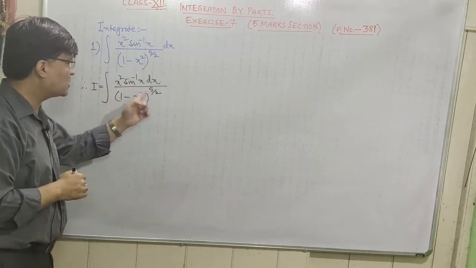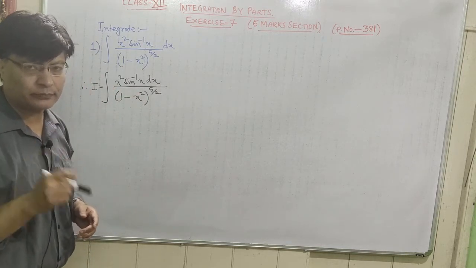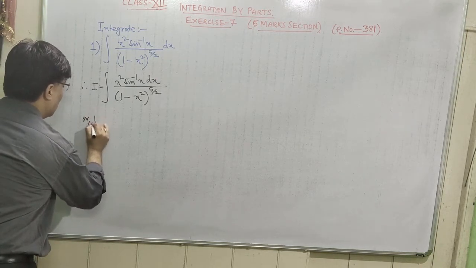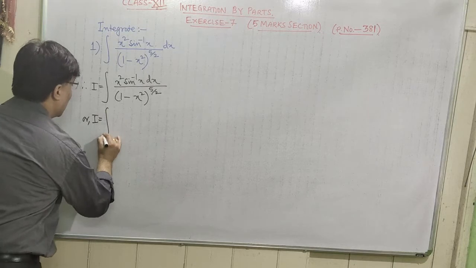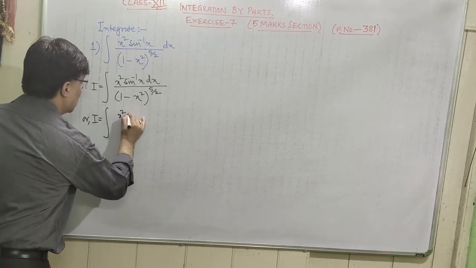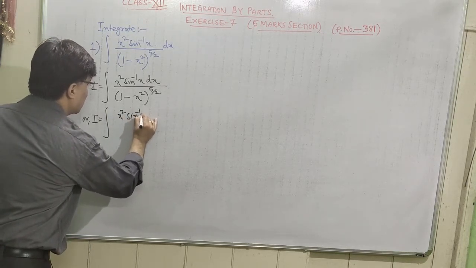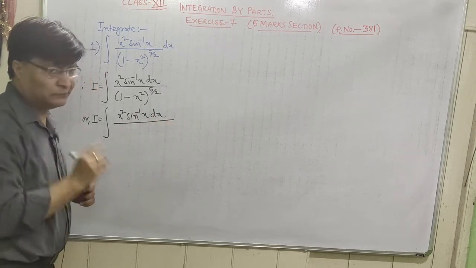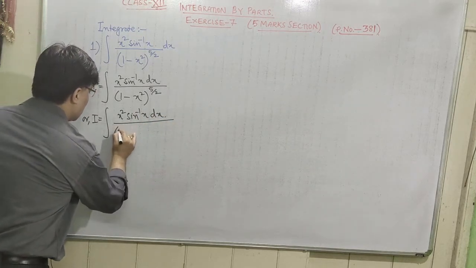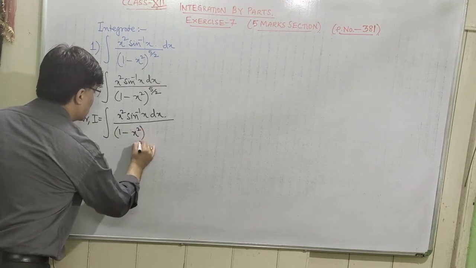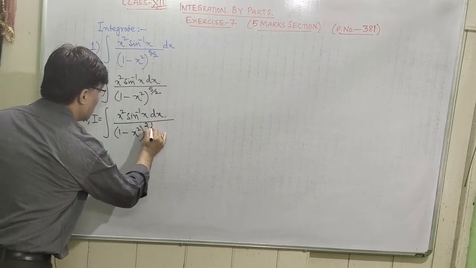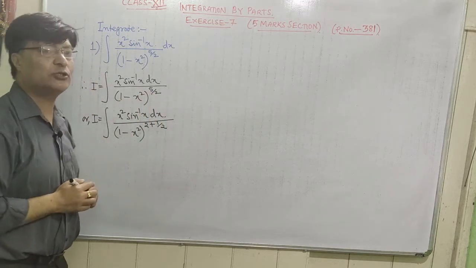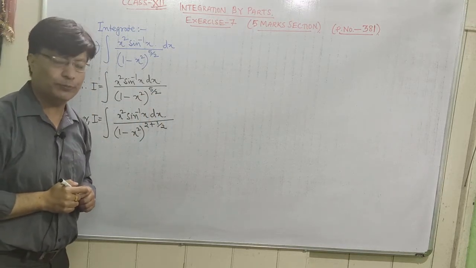So I is equal to the integral of x square sin inverse x dx divided by (1 minus x square) whole to the power 2 plus half.